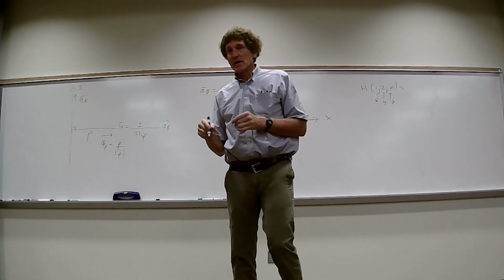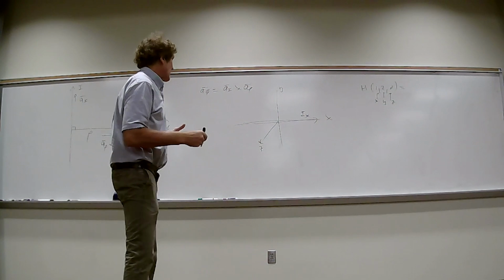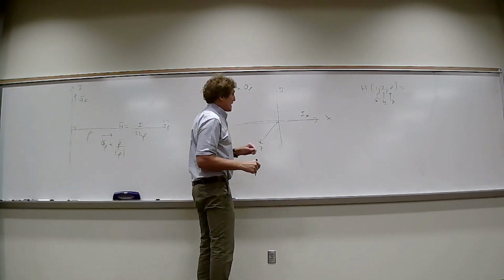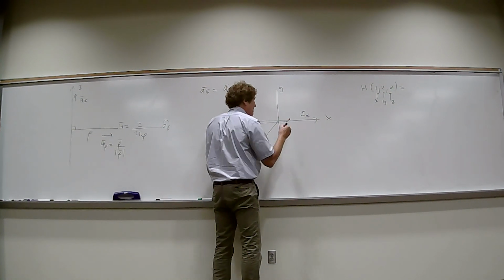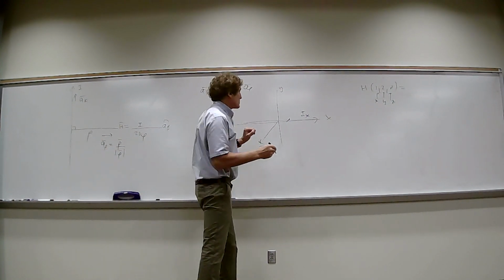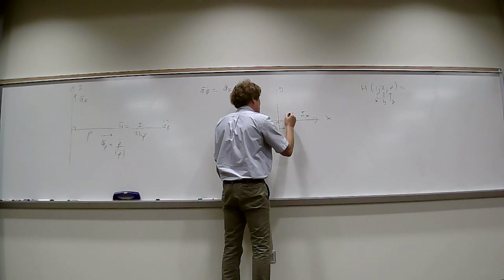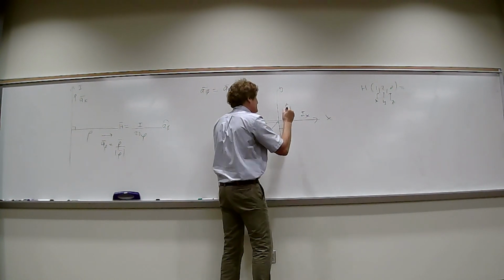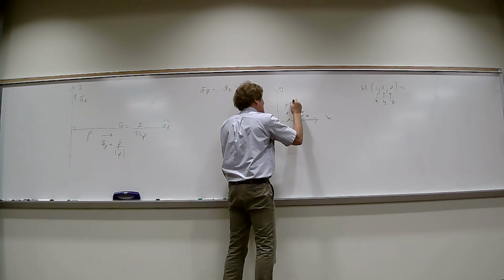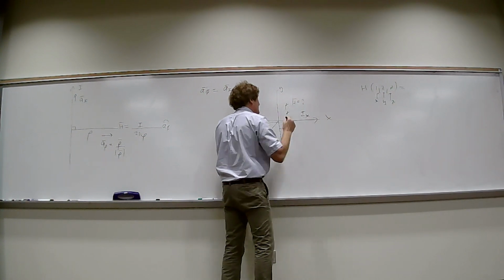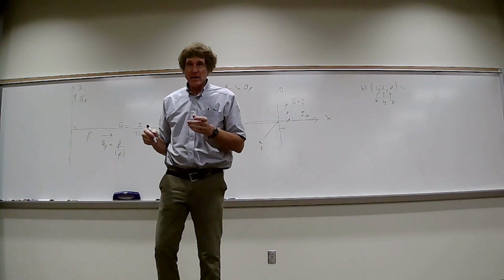Everybody got that? So locate the point. Try to draw it as best as possible. Well, X equals 1 would be here. Y equals 2 would be here, actually. And you all see this. So this is the point I want the H field. It is at Z equals 0, right?